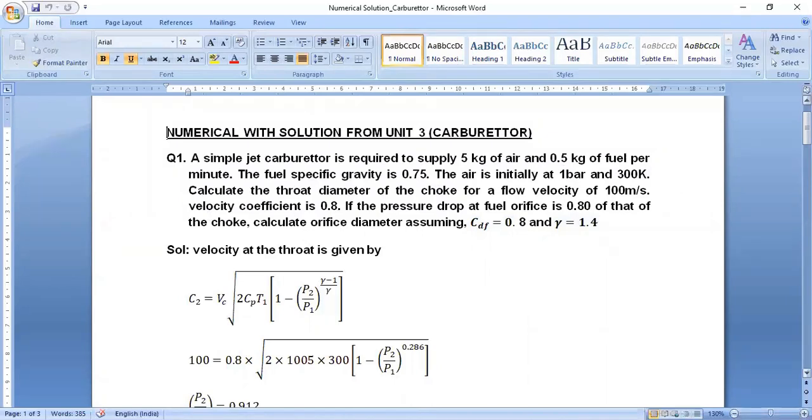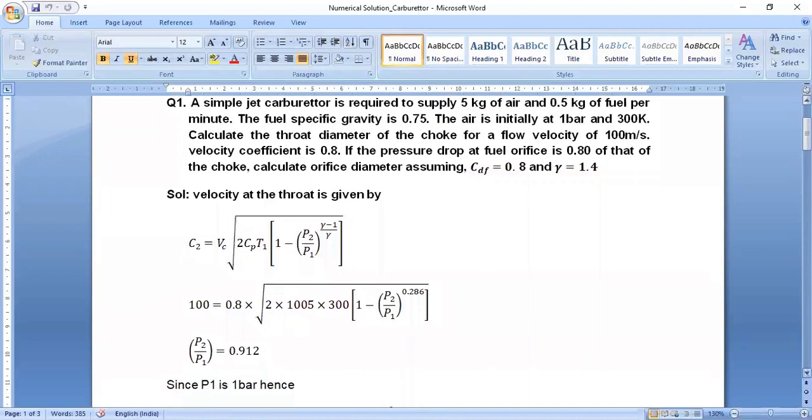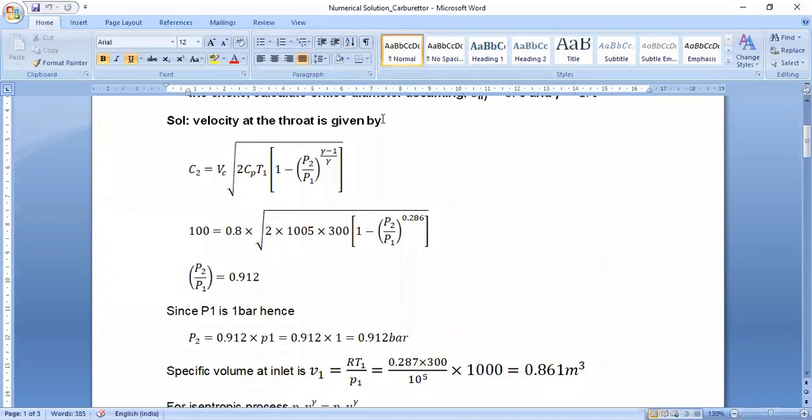Now this can be solved by using the equation for velocity at throat. In the derivation, we have derived that the throat velocity C2 is equal to Vc into root over 2 Cp T1 into 1 minus P2 divided by P1 to the power gamma minus 1 upon gamma.